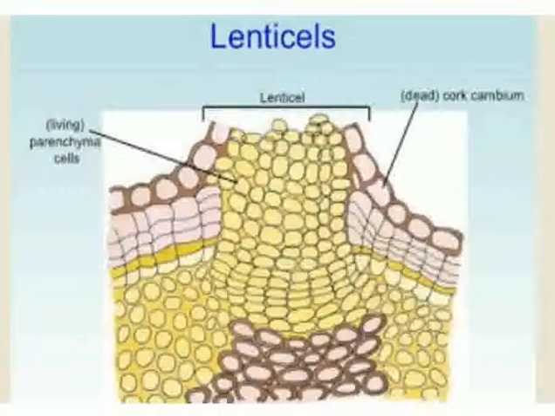These parenchymatous cells soon rupture the epidermis, forming a lens-shaped opening called the lenticels. These lenticels permit the exchange of gases between the outer and the inner atmosphere.